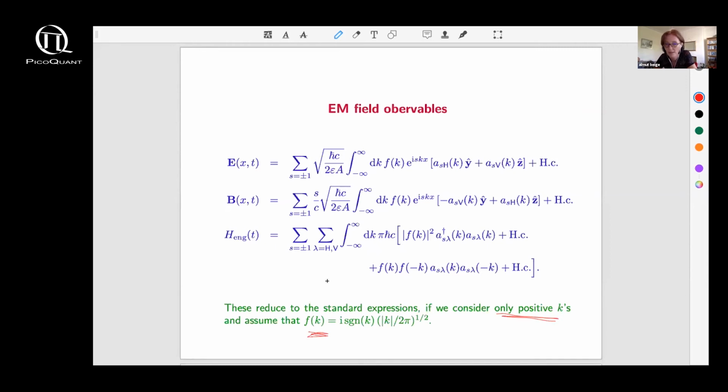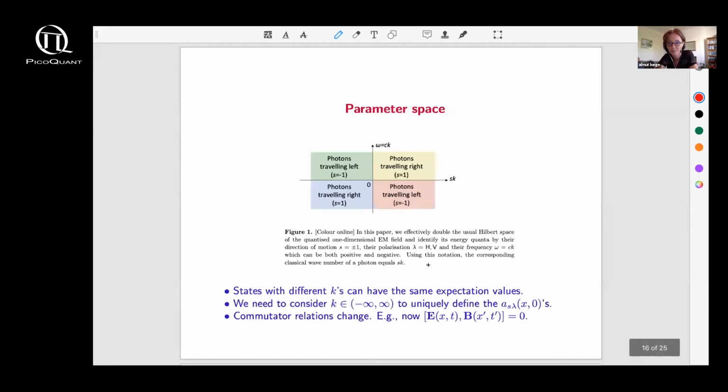Then we get exactly the expressions that we always have. Then all these extra terms go away and everything looks exactly as it always looks. And also the energy observable is again the same as the dynamical Hamiltonian.